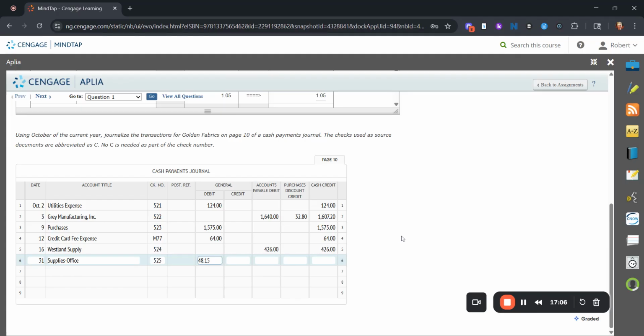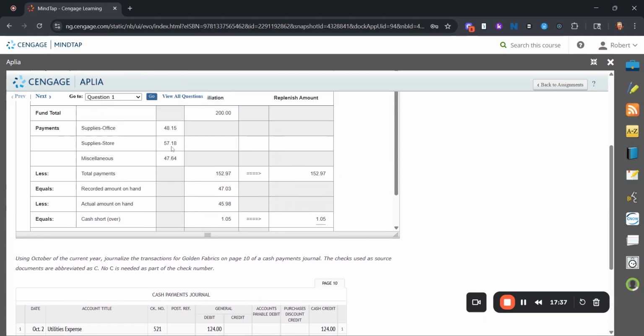Goes in the debit column since it's an expense. The next one was supplies store. We don't need the check number for this because all of these are going to be on the same check. So we've already got that check number listed. We only need to list it once, and we're going to show the amount of the check only once in the cash credit column. So how much was supplies store? $57.18.